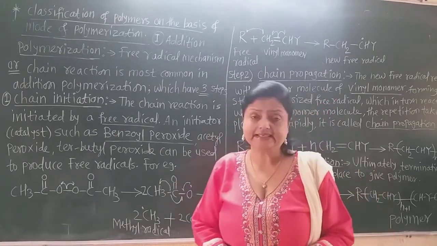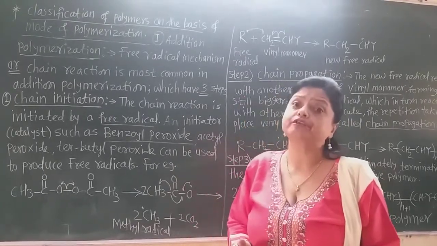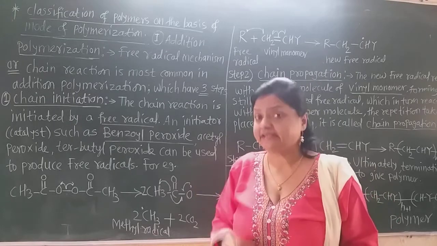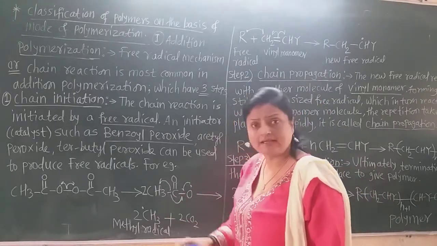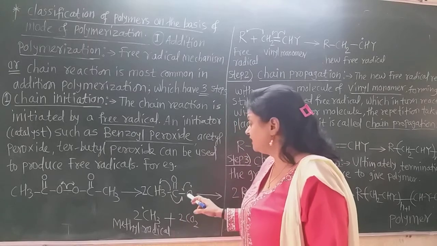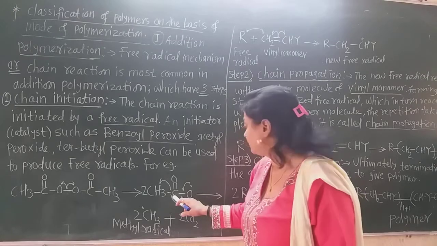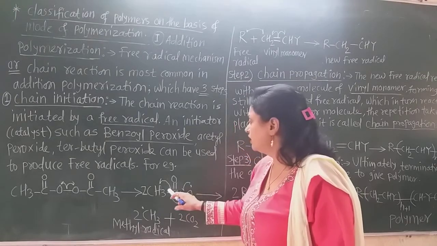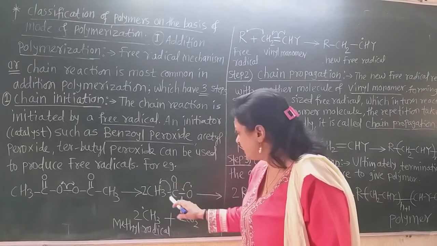Again, this acetyl free radical breaks in such a way that there is formation of two methyl free radicals. Now, these two methyl free radicals are formed in such a way that the bond between the CH3 and this carbonyl carbon breaks again by homolytic fission, and I show here the half arrows.